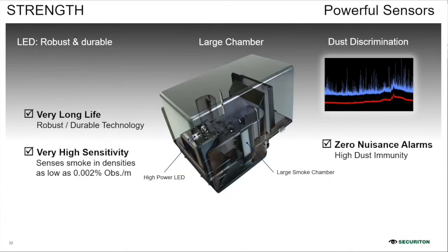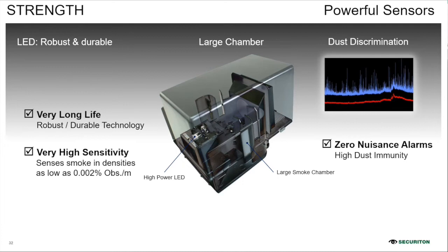Okay, the most important part of our aspirating smoke detector is the LED sensors. The LED sensors have powerful detection and long life with pre-alarm sensitivity of 0.002 obscuration per meter, which is the greatest sensitivity offered by any company in this segment.